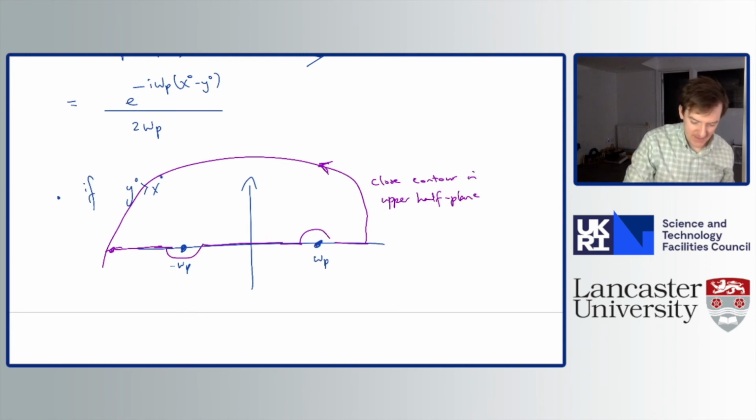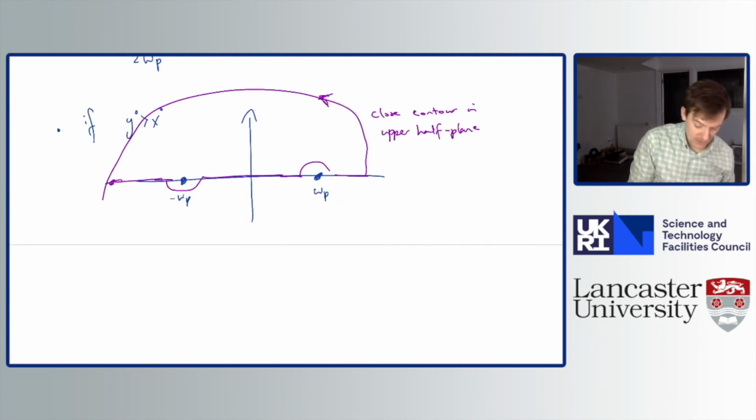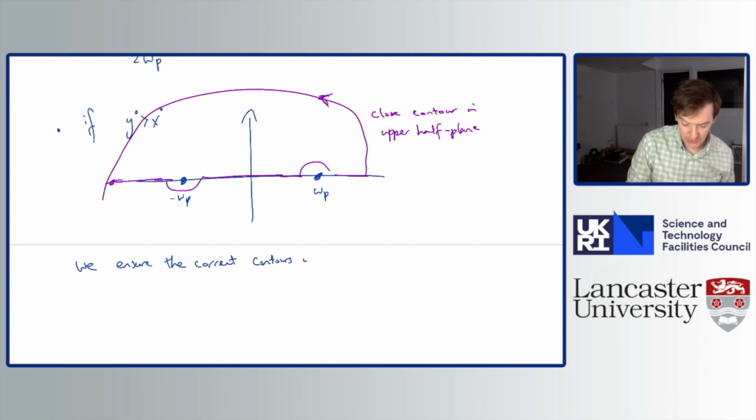But anyway, what we can do is ensure we get the correct contours with the so-called i epsilon prescription.